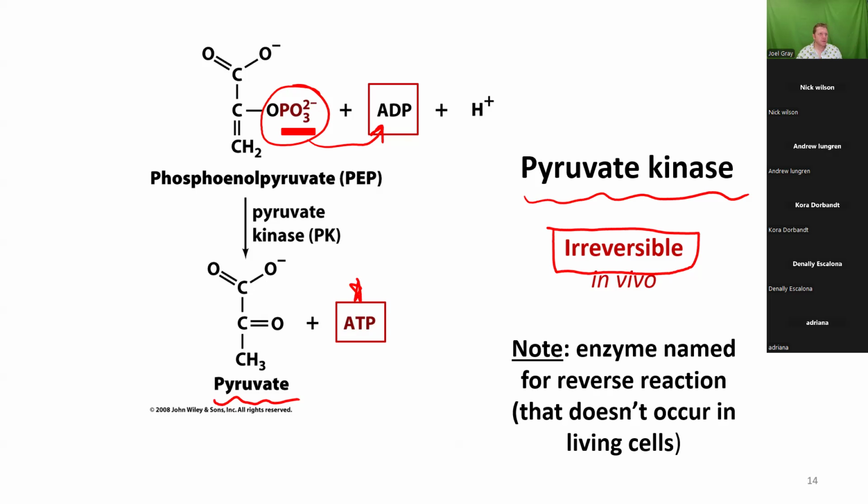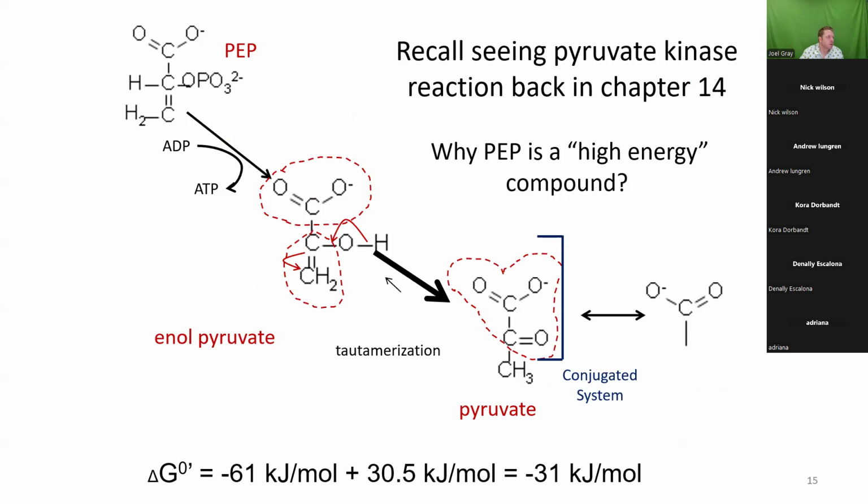Now, with that in mind, to look at the mechanism, sorry, I'm going to look at the mechanism, then I'm going to bring it back and talk about different ways to analyze this. Okay, so this phosphoenol pyruvate, here is phosphoenol pyruvate. This phosphoenol pyruvate is where we're going to release a phosphate in order to make ATP.